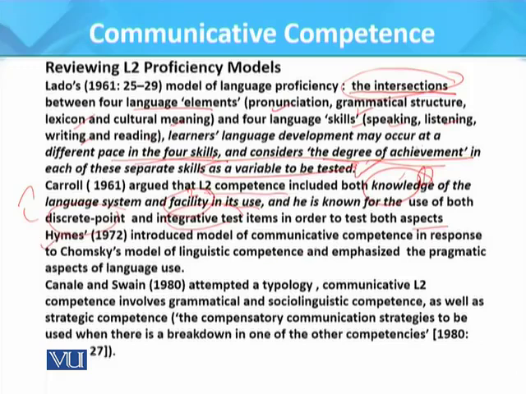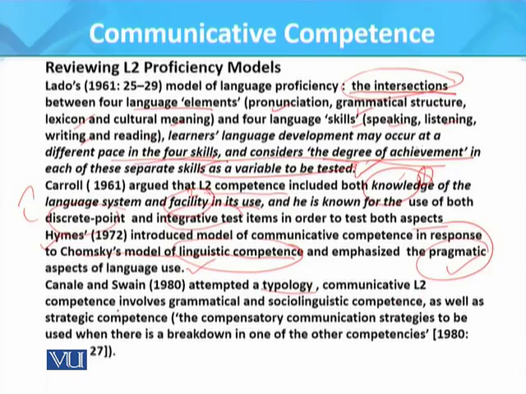Hymes introduced the model of communicative competence in response to Chomsky's model of linguistic competence and emphasized the pragmatic aspect of language use. So Hymes introduced communicative competence as a reaction to linguistic competence because he felt that linguistic competence only takes into account the linguistic data, whereas communicative competence requires the pragmatic or sociolinguistic aspect of language use. Canale and Swain attempted a typology, a systematic characterization based on similar traits.